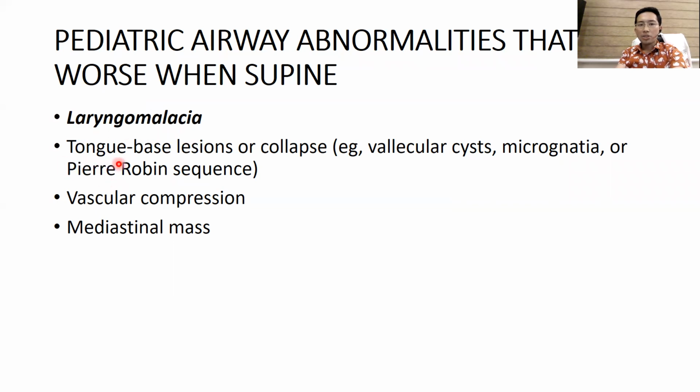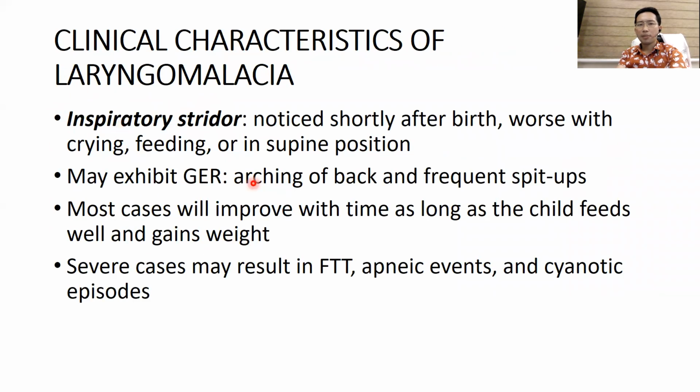Others are tongue-based lesions or collapse, such as vallecular cyst, micrognathia, or Pierre Robin sequence, vascular compression, and mediastinal masses. So remember this one, laryngomalacia.